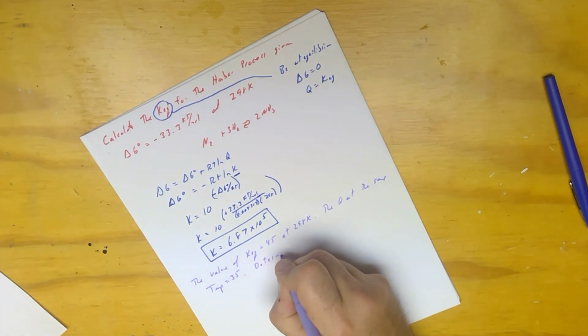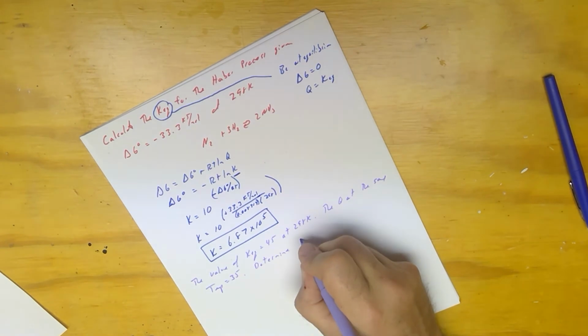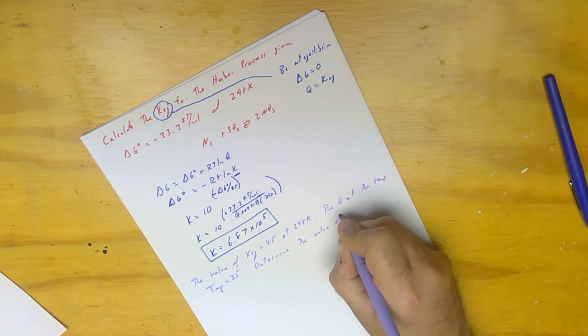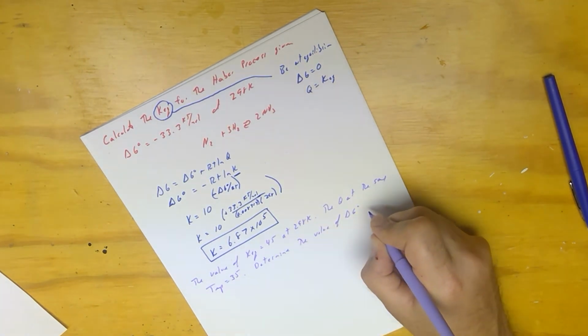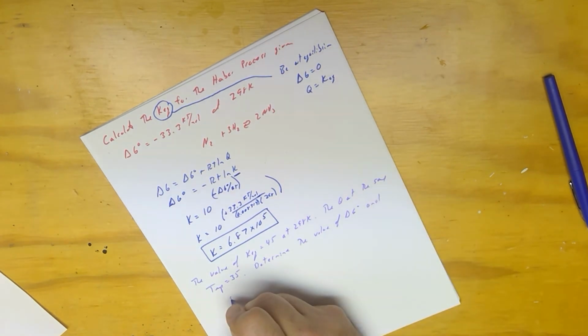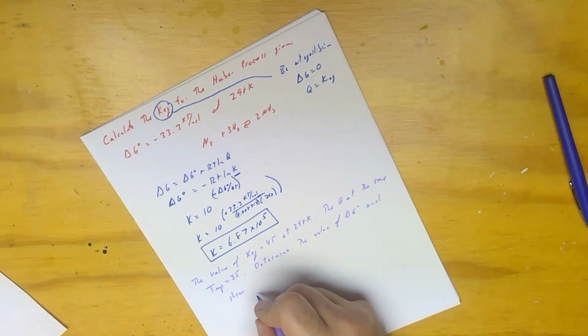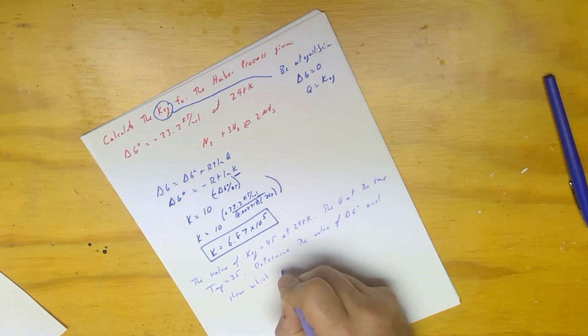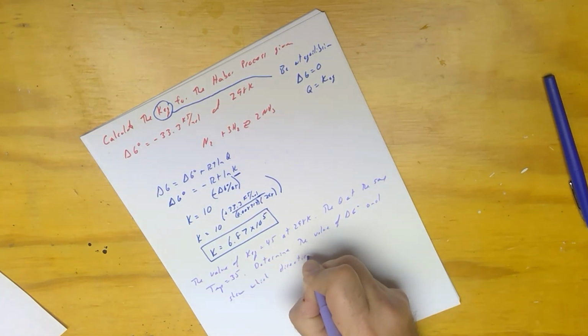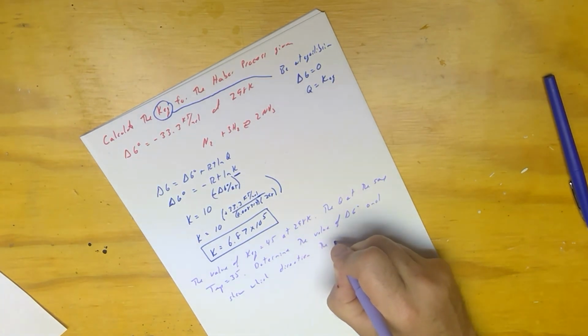Determine the value of delta G naught and show which direction the reaction will move.